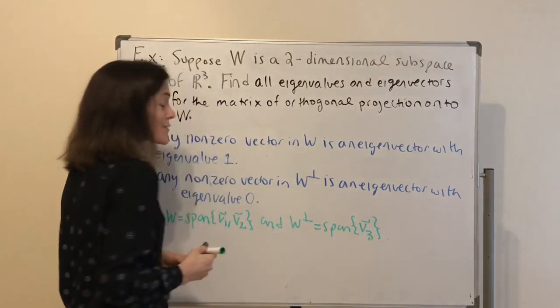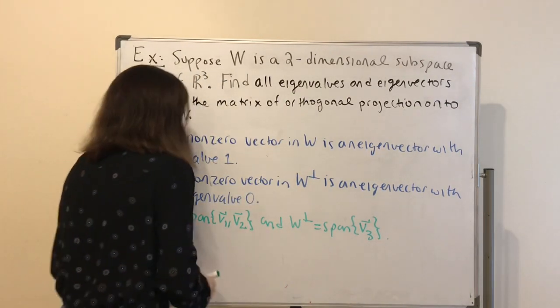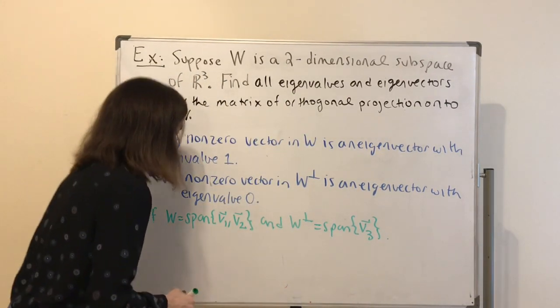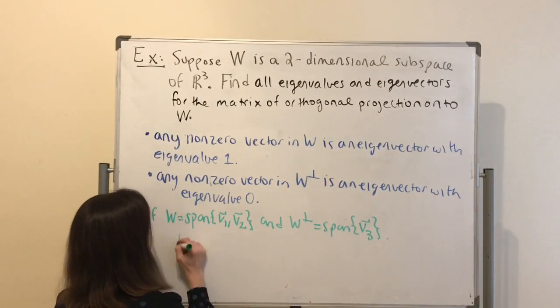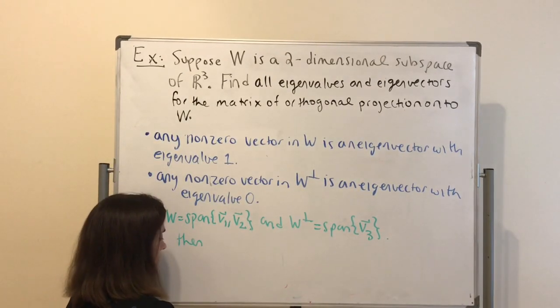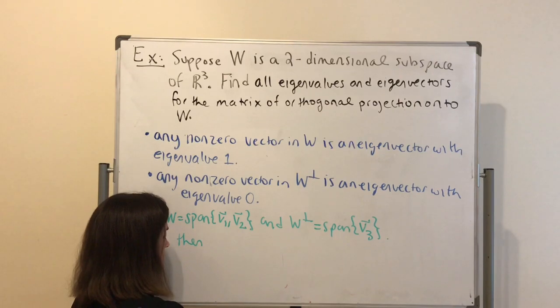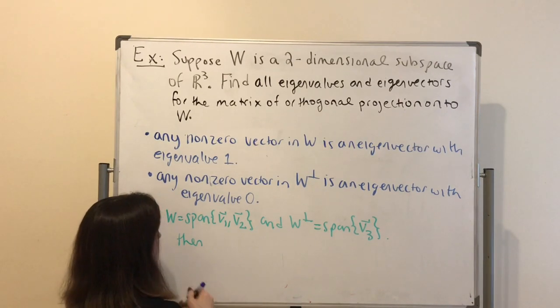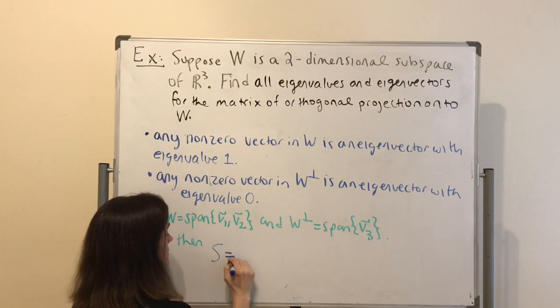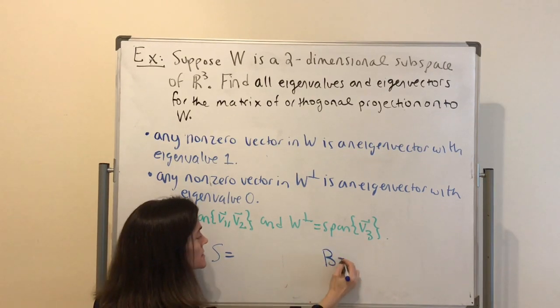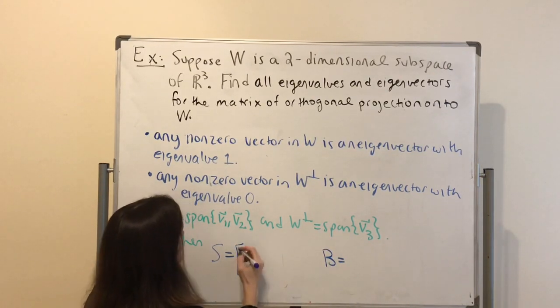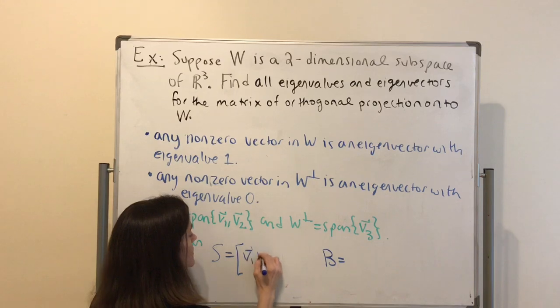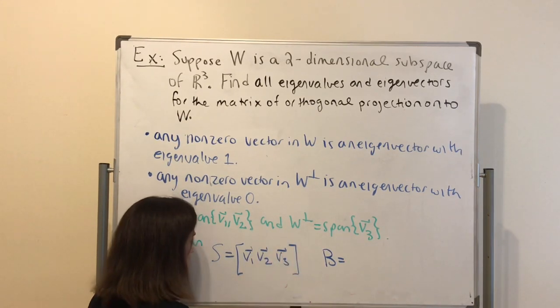These are all 3 vectors in R3. Then we know what these matrices are. So then we have the following. We have S, and we have the diagonal matrix B. And S has V1, V2, V3 as columns.